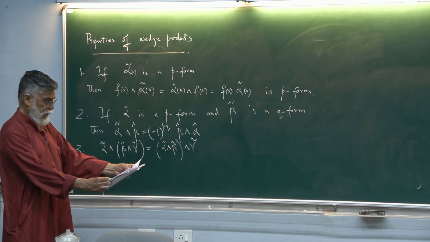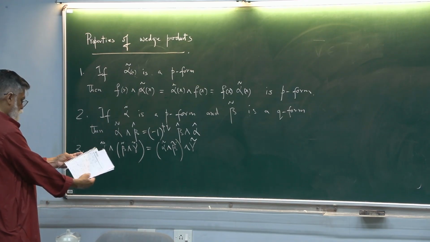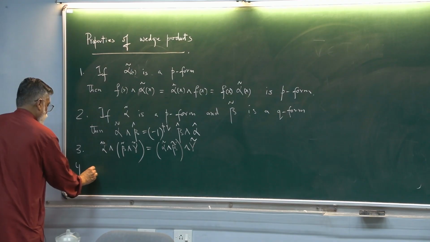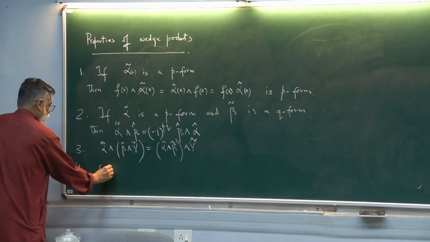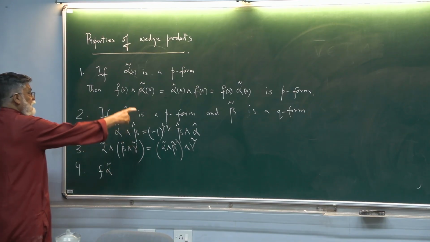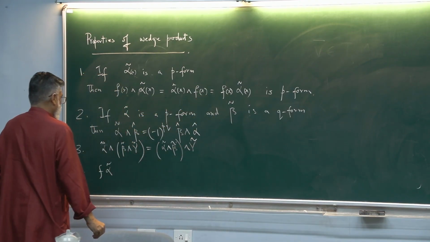There's another property. If you take a zero form f, multiply with a p form, if alpha is a p form, then we have already stated f into alpha is also a p form.